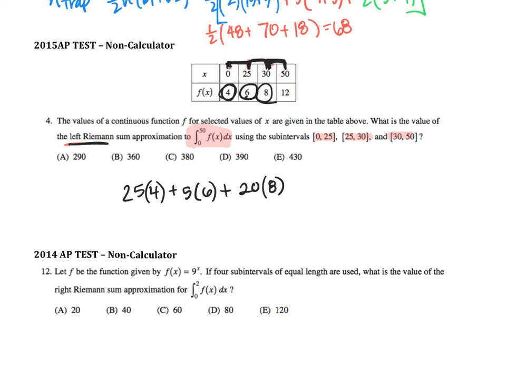When we multiply 25 times 4, we obviously get 100. 6 times 5, we're at 30. 20 times 8, we're at 160. Add that all together, and we're at 290. Just a reminder, with left Riemann sums, you will never use the right-hand height or right-hand value of the function.